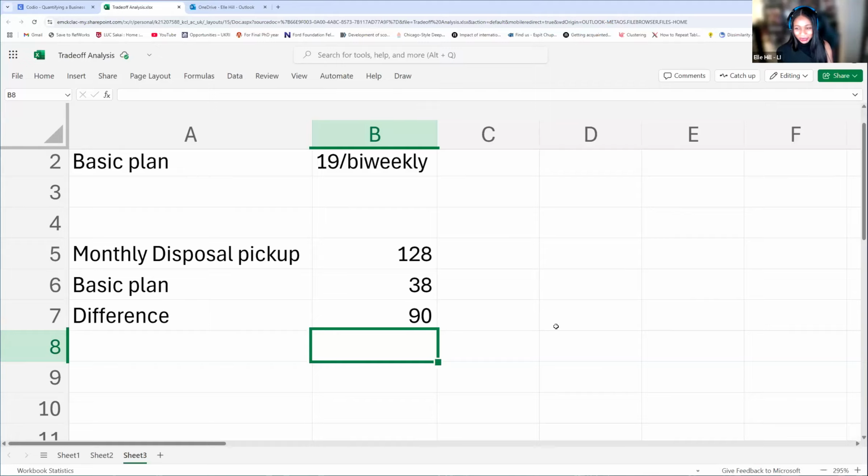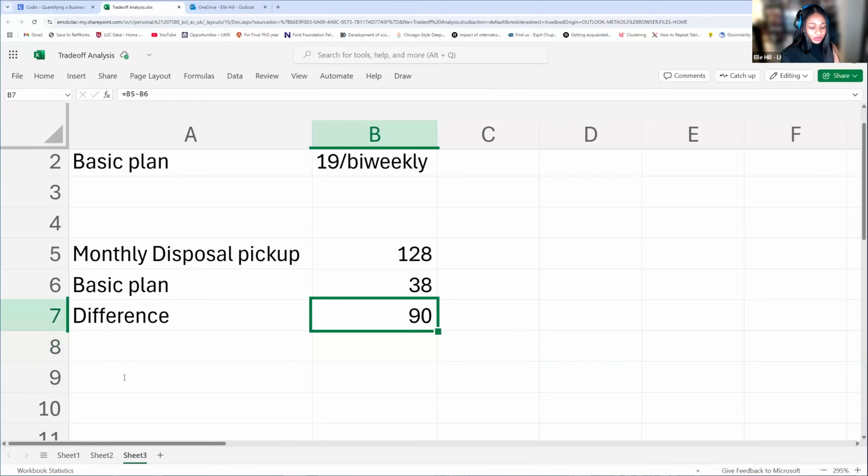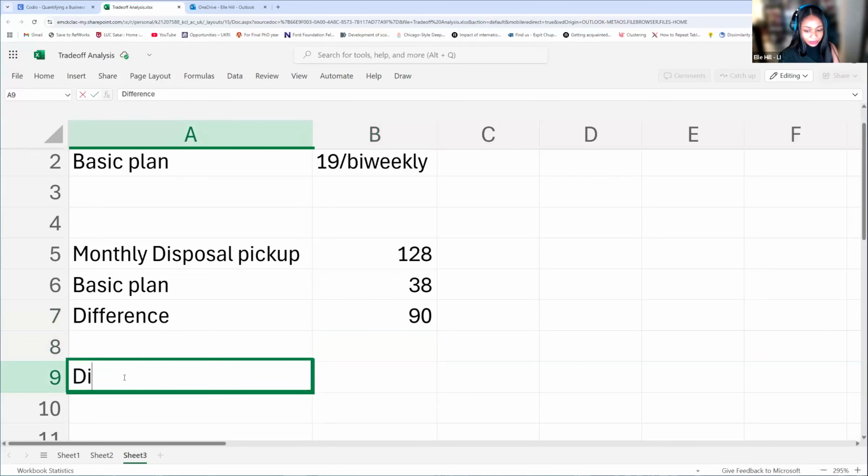However, we're not quite there yet. We're almost there. So what I want to do is actually scale this up even higher. I want to scale this up to year. So if we scale this up to a year, the difference per year, or actually, let's just do the disposal pickups per year.